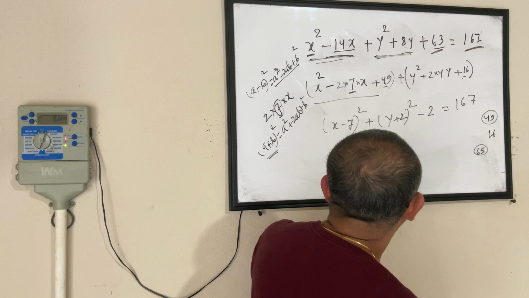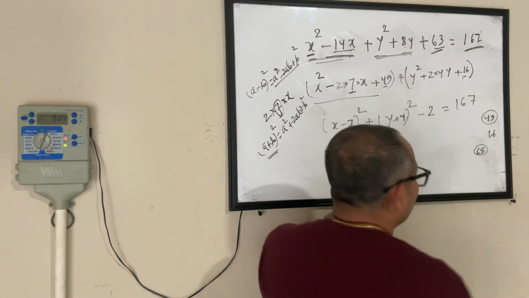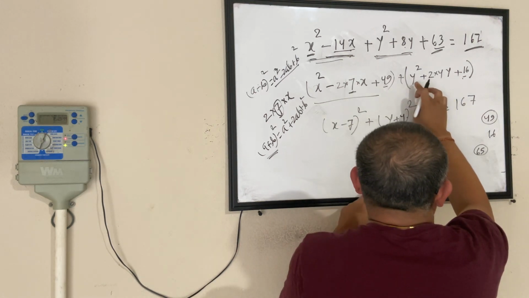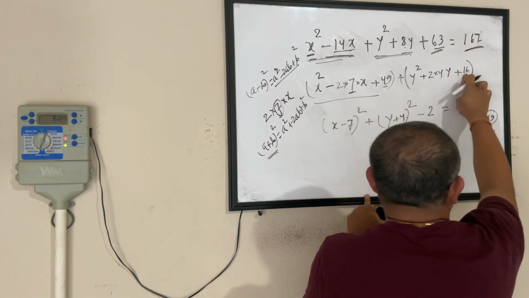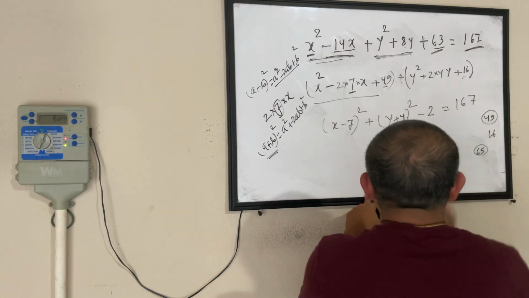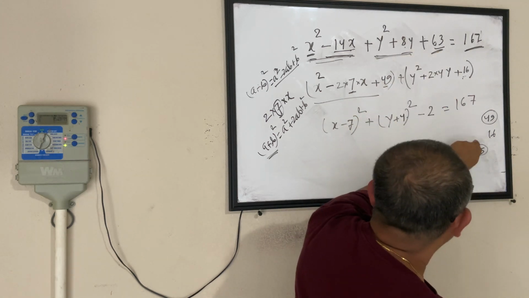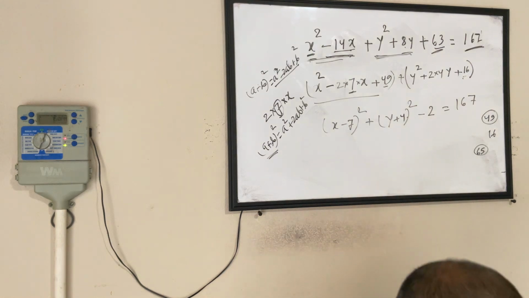For y. Oh, my bad. This is a square plus 2ab plus b square. So this b is 4. So we had only 63, we used 65, so we are extra by 2. So that's what becomes minus 2 here.